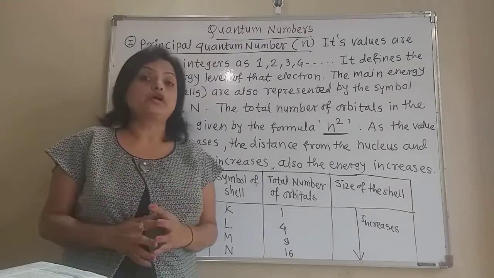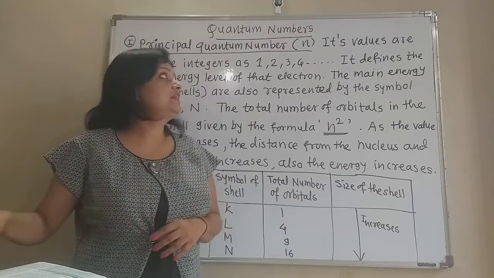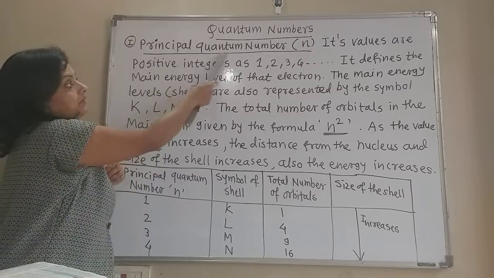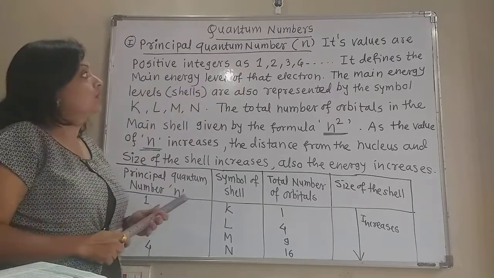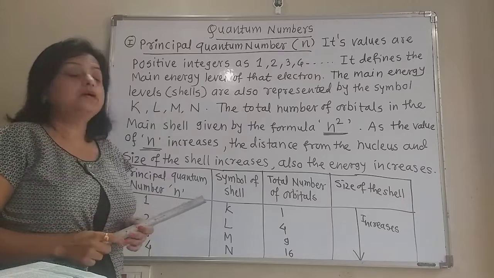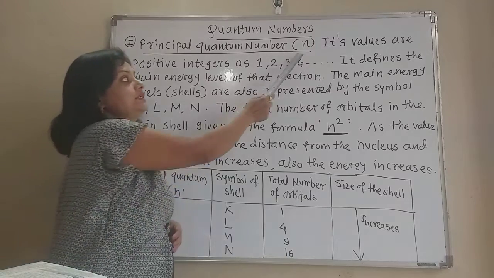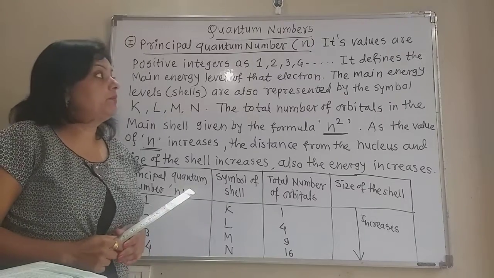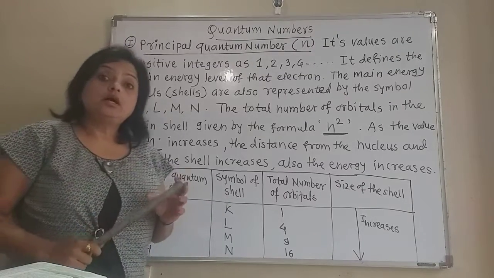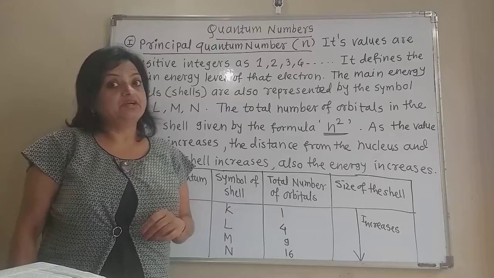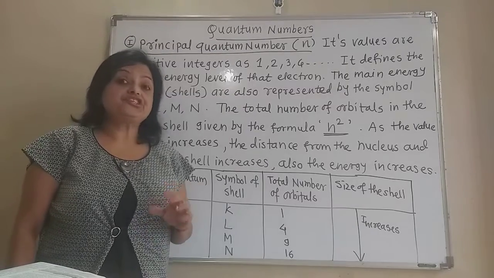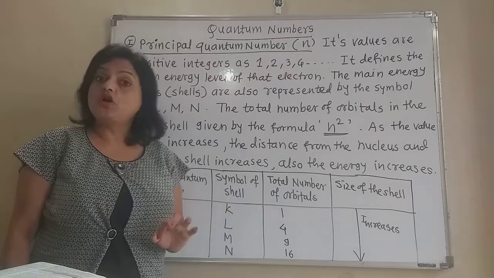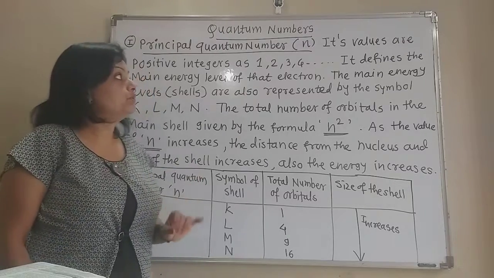There are four quantum numbers. The first one is the principal quantum number. The principal quantum number is denoted by the symbol small n. It gives the main energy level, that is, the main shell in which the electron is revolving around the nucleus.